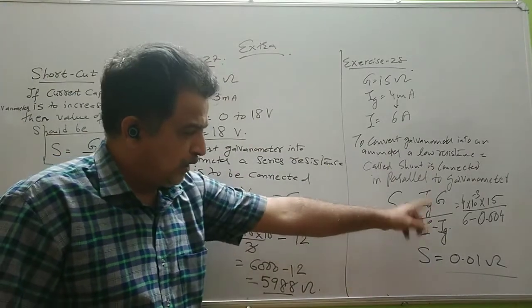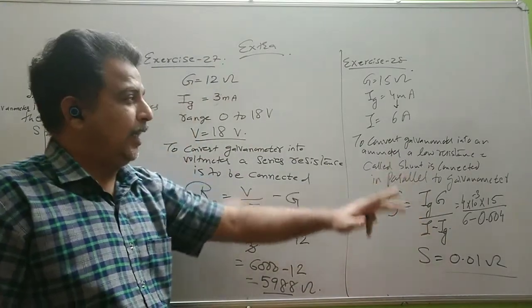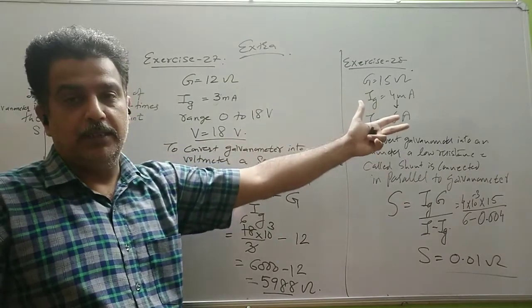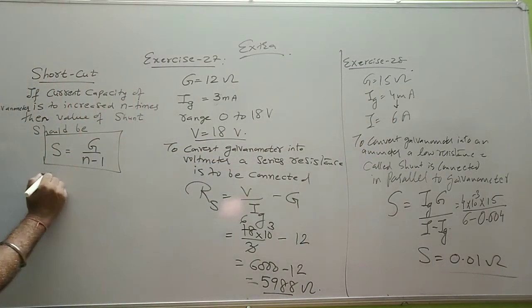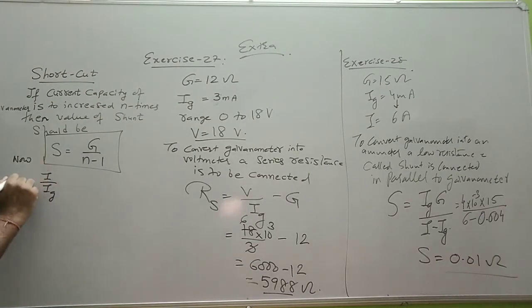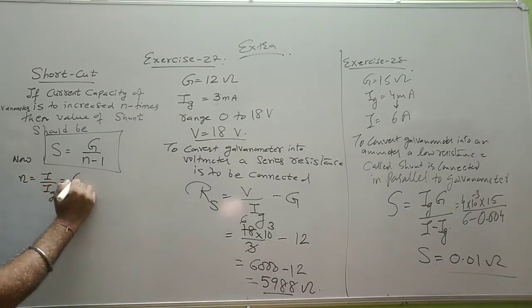Directly I can find out how many times the current capacity is increased: the ratio I upon Ig gives the number of times. So it is 6 divided by 4 milliampere.